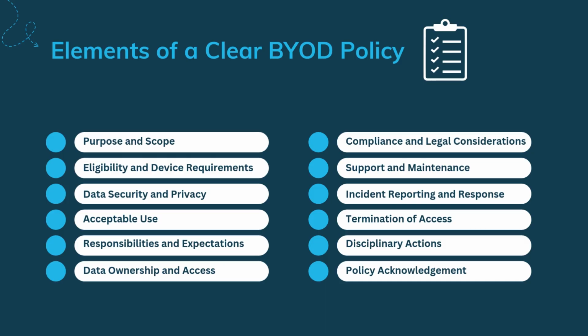They include purpose and scope, eligibility and device requirements, data security and privacy, acceptable use, responsibilities and expectations, data ownership and access, compliance and legal considerations, support and maintenance, incident reporting and response, termination of access, disciplinary actions, and policy acknowledgement. Wow, that's a lot. As you can see, a good policy should be thorough and comprehensive. Now we'll look at each element individually for a better understanding.